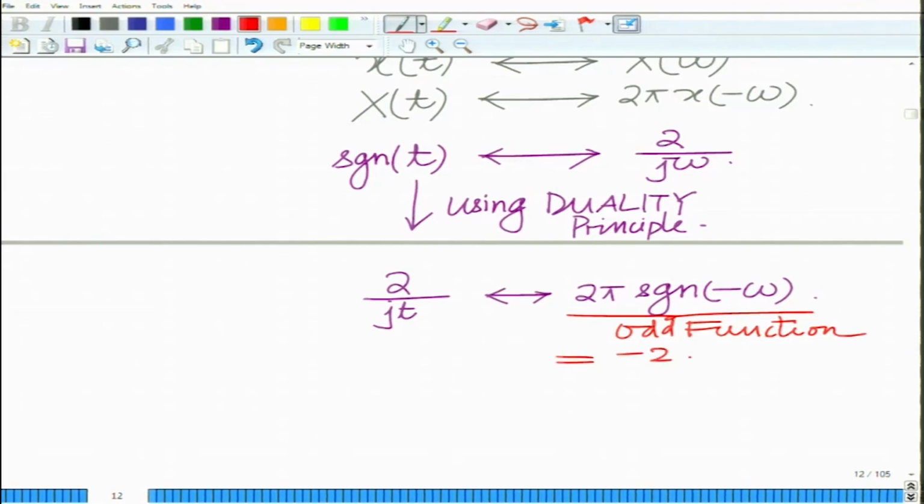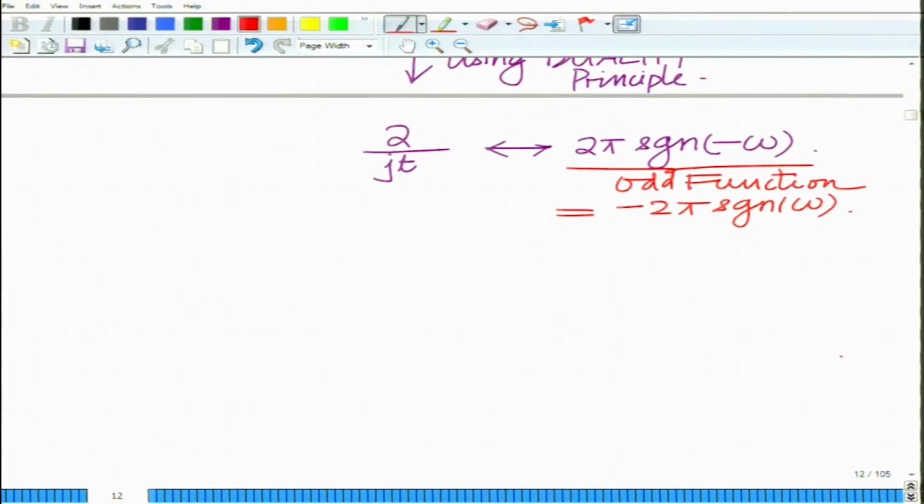So, this is equal to minus 2 pi sgn of omega, which implies that 1 over t has the Fourier transform, now the 2's cancel, minus j pi sgn of omega.